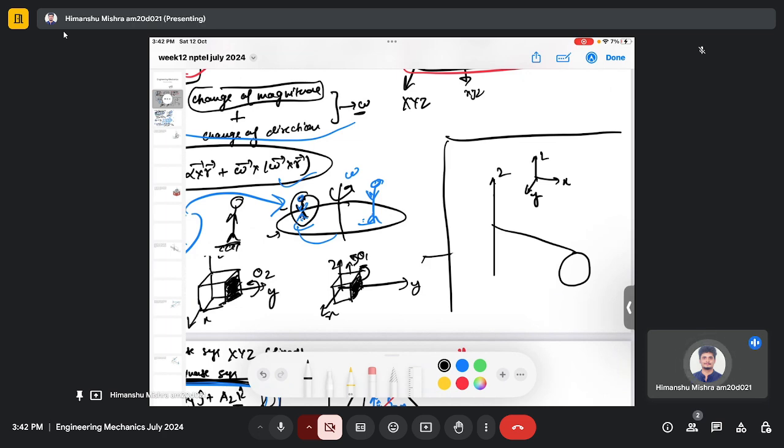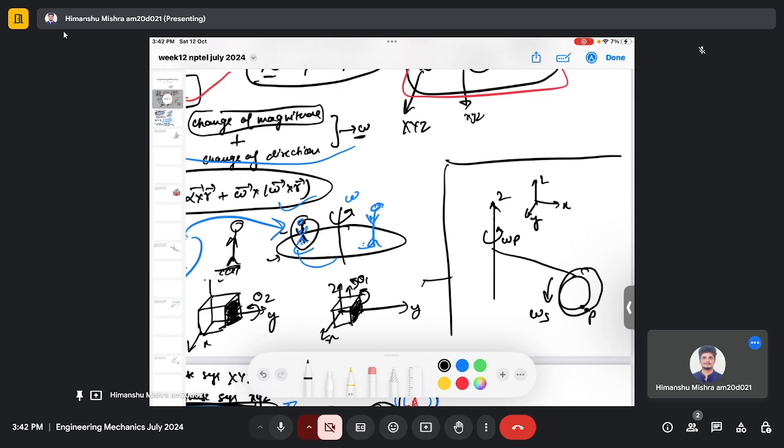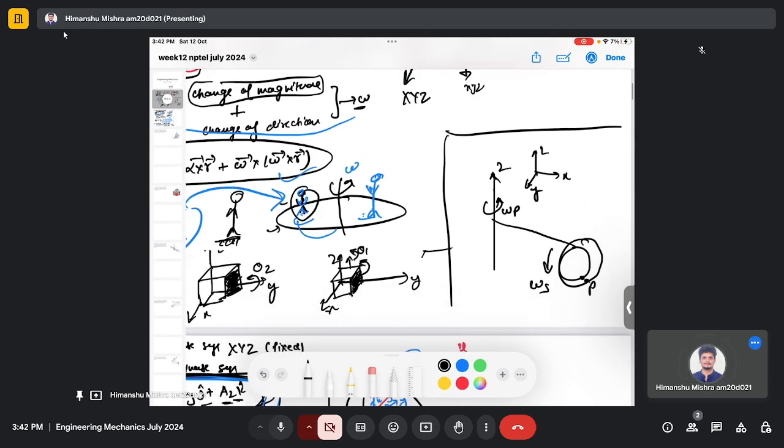Let's say this z axis is rotating with some angular velocity omega p, and this is a disk with point P, and it is rotating with angular velocity omega s. Then the resultant angular velocity of the disk, provided that it is precessing with omega p, will be omega equals omega s plus omega p. So this is the resultant angular velocity of the disk.